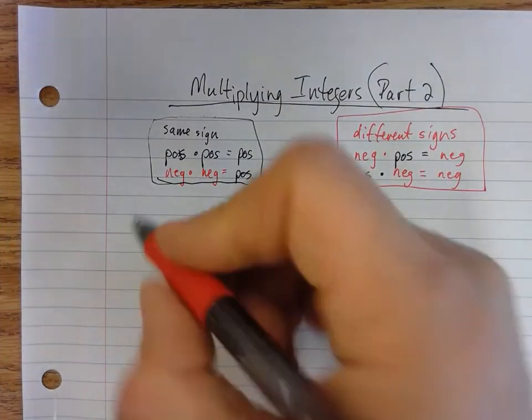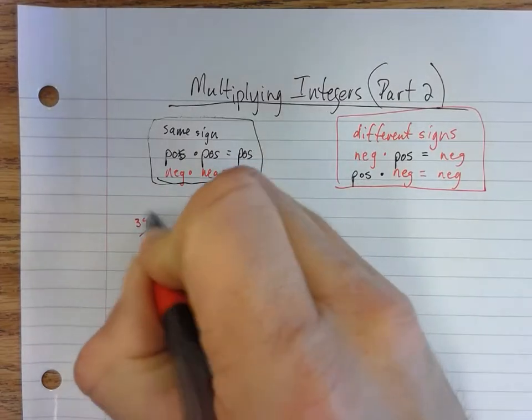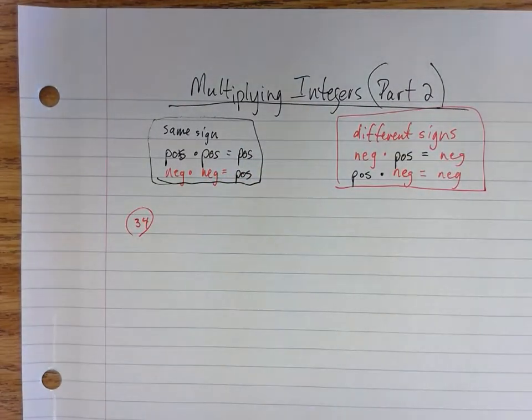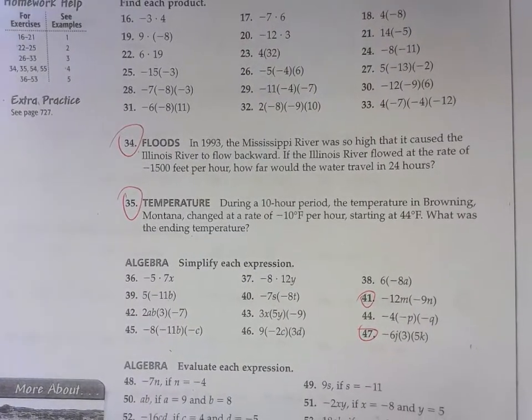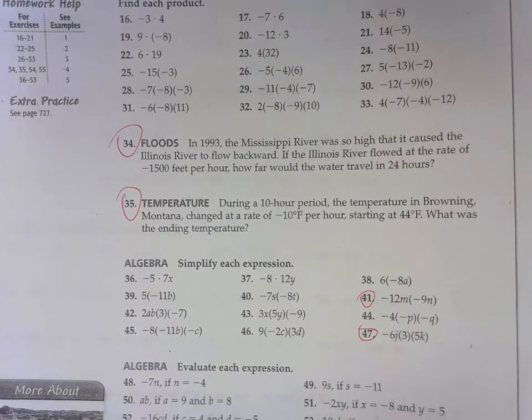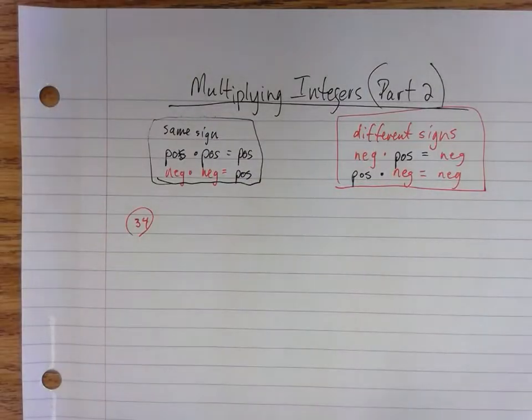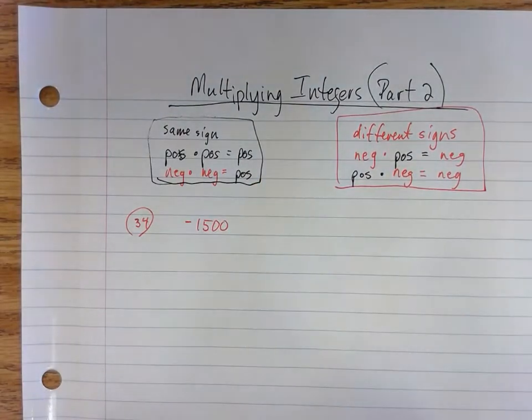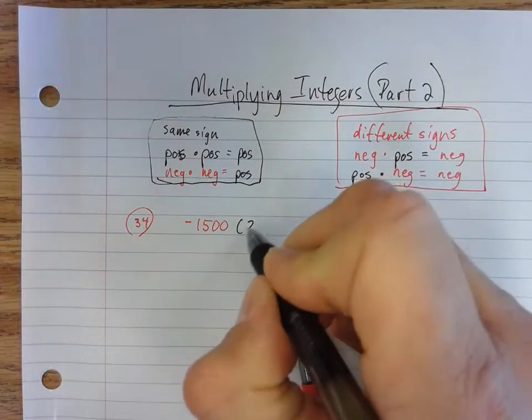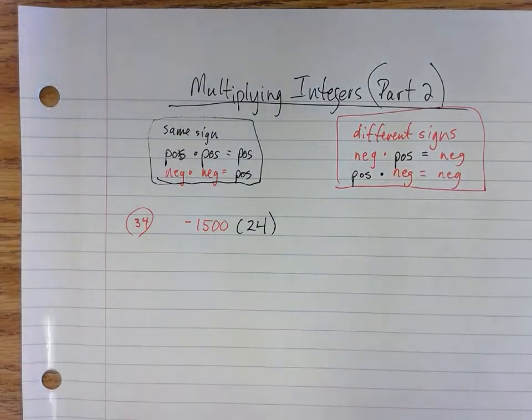Alright, so we're going to look at a couple of these real quick, just to kind of help go over some of these. So number 34, it was about the floods and the Mississippi River running backwards, caused the Illinois River to flow backwards. So if it's going negative 1,500 feet per hour, and it flowed backwards at that rate for 24 hours, so it would be that right there, okay?